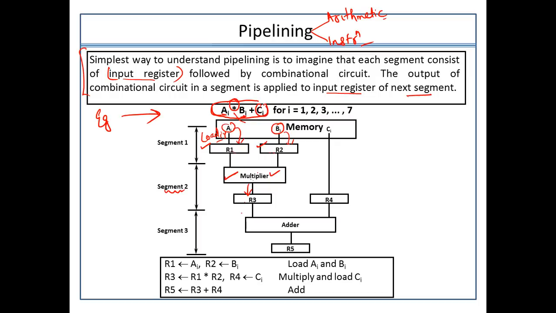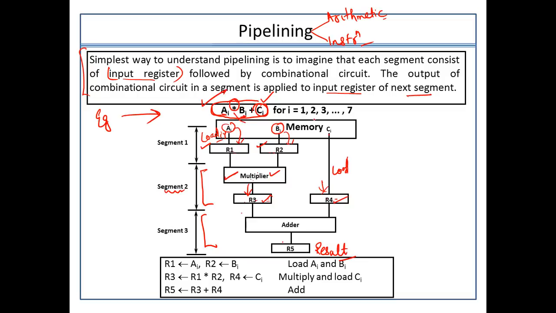And in the meantime, I also have to load the data of C in the register here. So this is being loaded in parallel. Segment 2 is performing a predefined job. Similarly, segment 3 is performing the addition of these two inputs which are available in R3 and R4, and ultimately here we are going to get the final result.